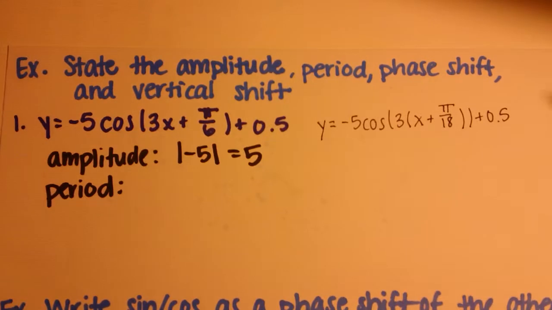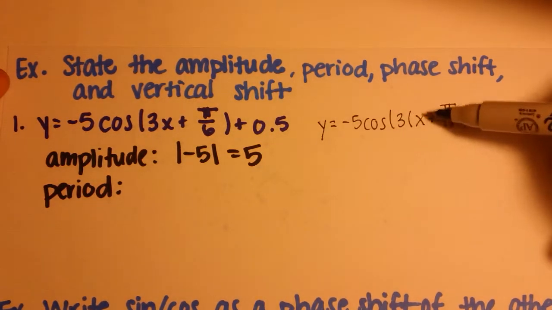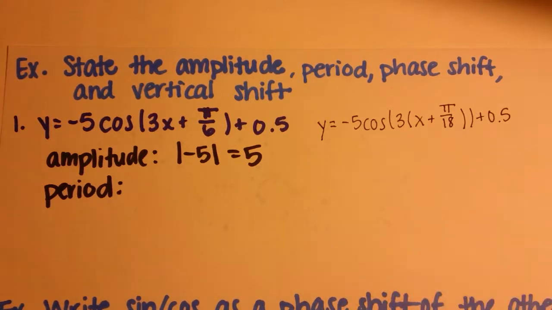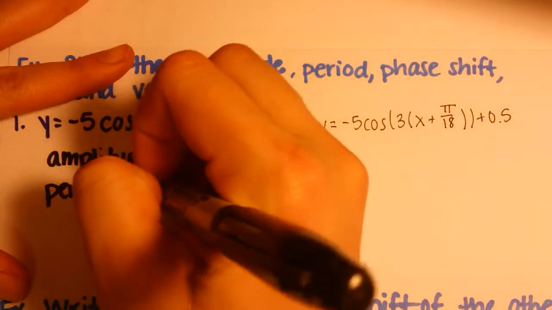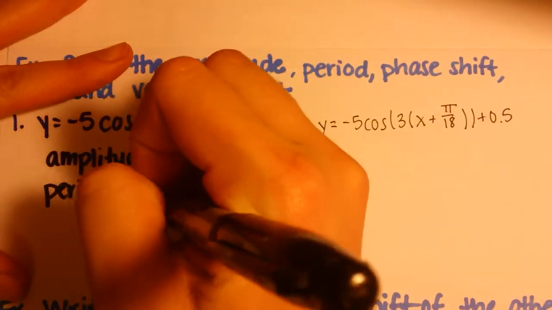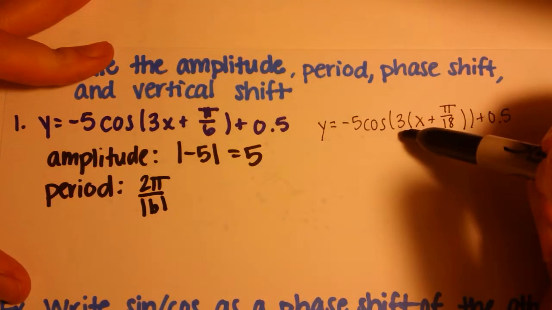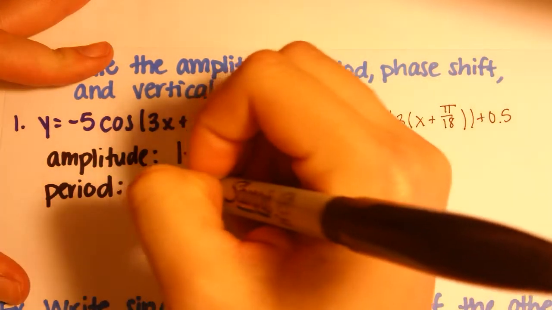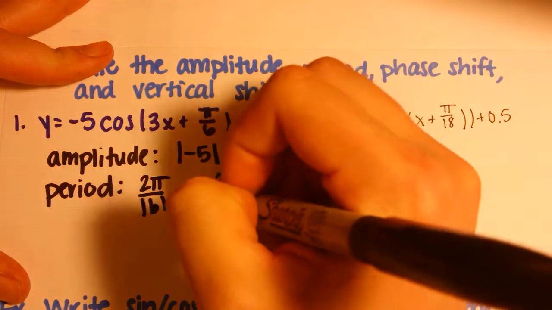Now, it's pi over 18 because if you distribute this 3 back in, you'll get 3x plus pi over 6. So now we can look at our period. So our period is 2 pi over the absolute value of b. So here we can see our b value is going to be 3. So we'll have 2 pi over 3.